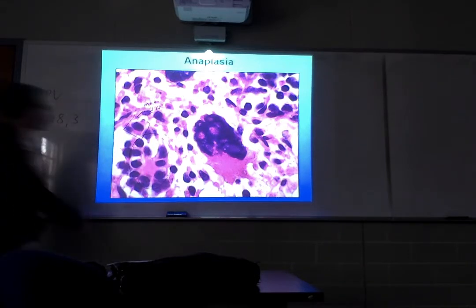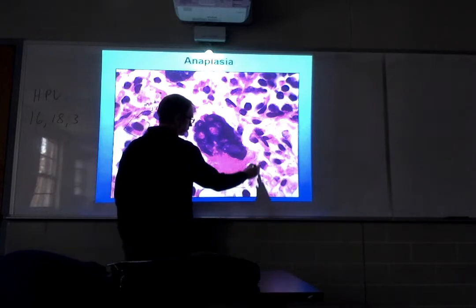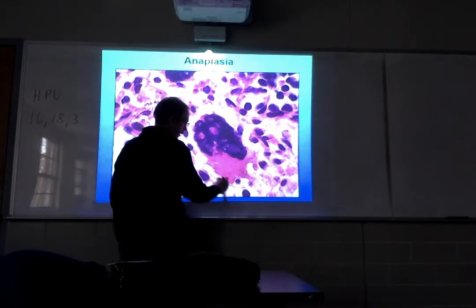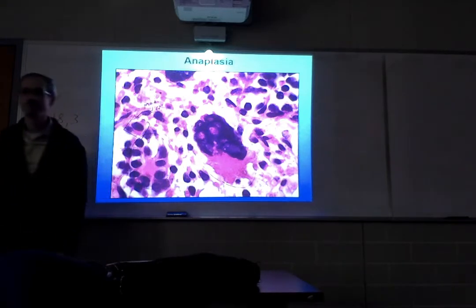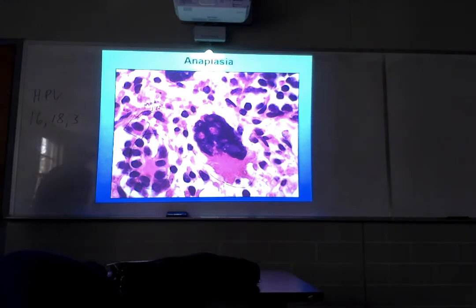cell, what would you think of this cell right over here? That's a cell. Does it look well differentiated? If I showed you that cell in isolation, would you know it would come from the kidney? Do you know what its normal counterpart is?